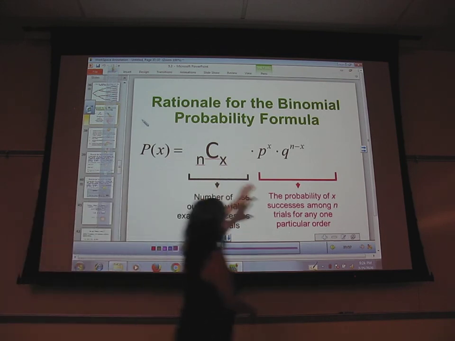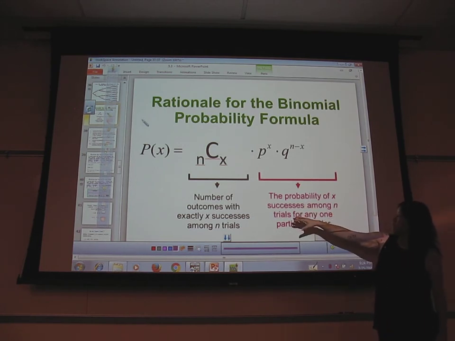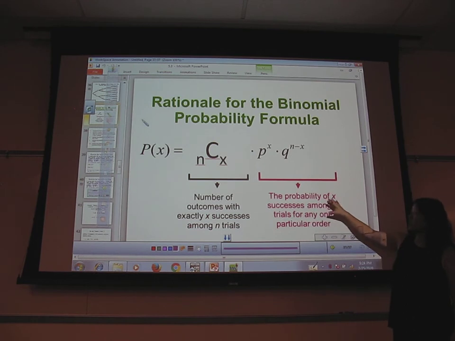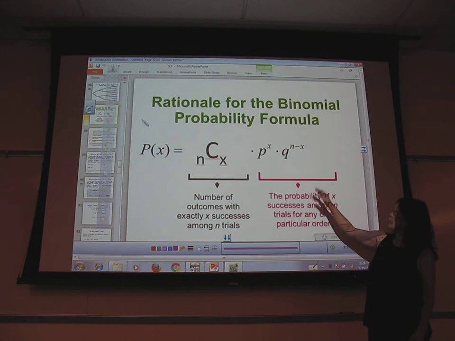And then this is the probability of having exactly X of them be successes and N minus X of them be failures. You can think about it as the probability that the first X of them are successes, P times P times P, X times, and then the rest are failures, Q times Q times Q, however many failures you have.